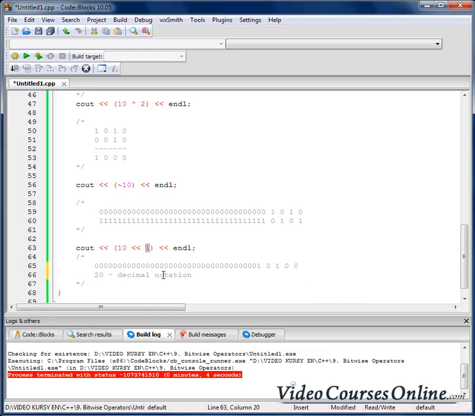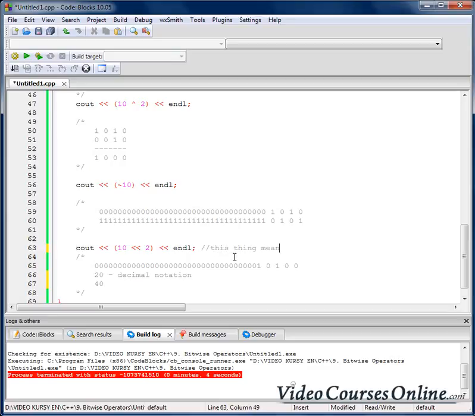And if I did something like that, I would have the bits shifted to the left one more time, and we would have 40 here, because we would multiply again by 2. So this means that we are multiplying by 2 raised to the power of that number here.